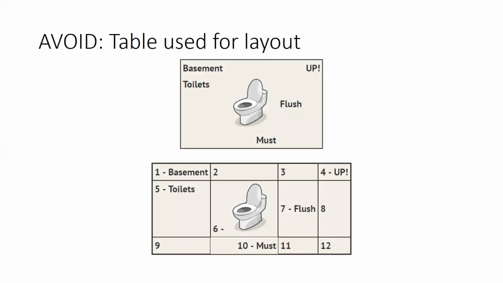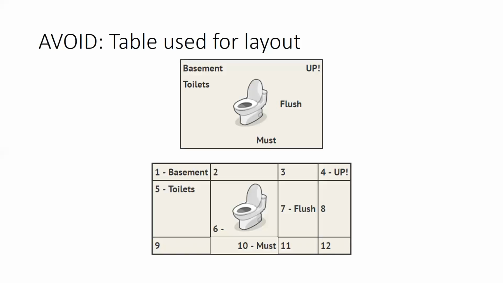So this is just an example as well of using a table for formatting. So in the end, the visual person might see the top image there, and what they're trying to say is basement toilets must flush up. But to get it to look like that, they made this giant 12-cell table and put each word in each different cell so it could be where it needs to be.